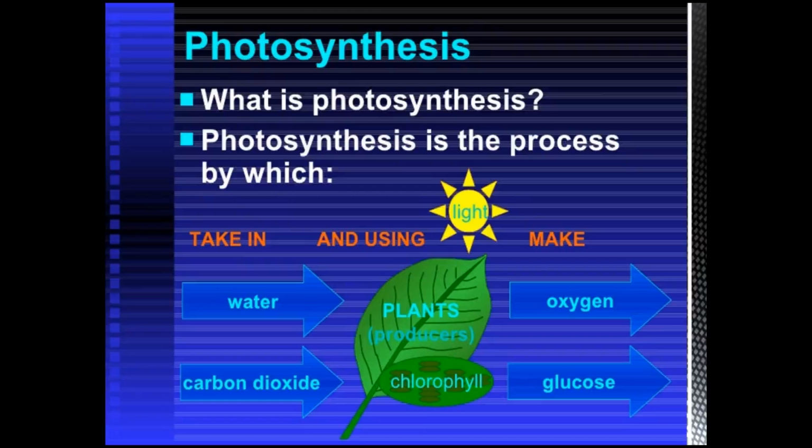That means 6CO2 plus 6H2O gives C6H12O6, that is a carbohydrate, that is food. Light and chlorophyll are very important. Water, carbon dioxide, light, and chlorophyll are mixed to make a carbohydrate, C6H12O6, and after that 6O2, oxygen, will be released.